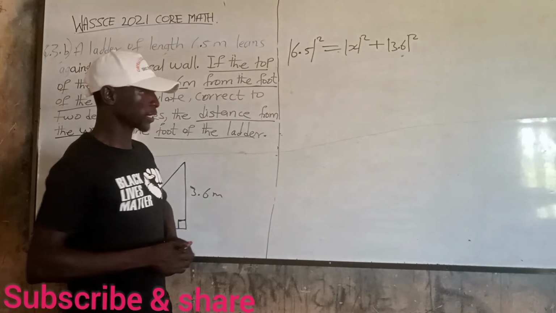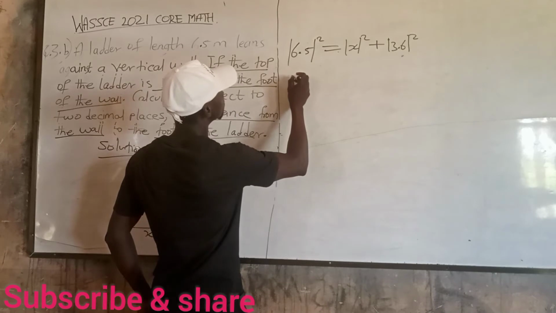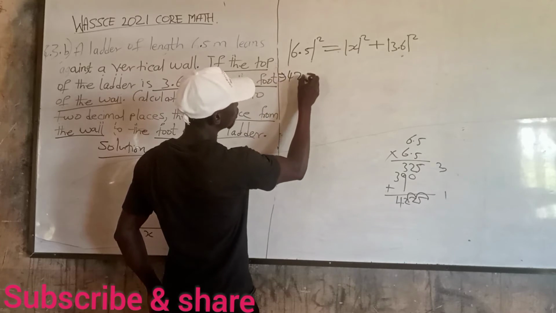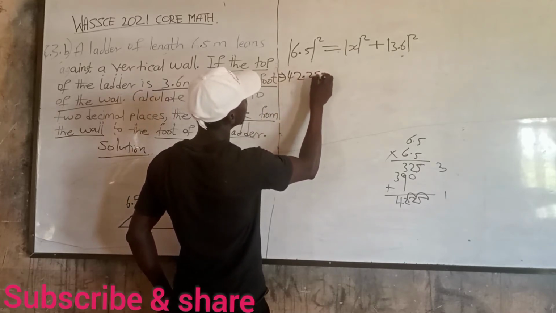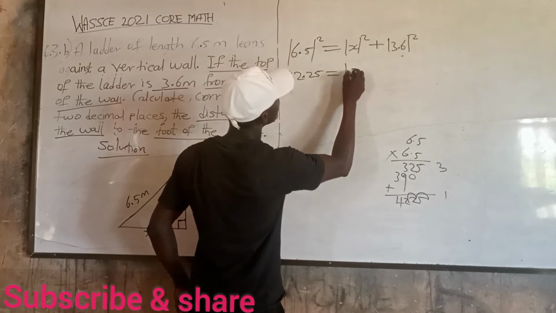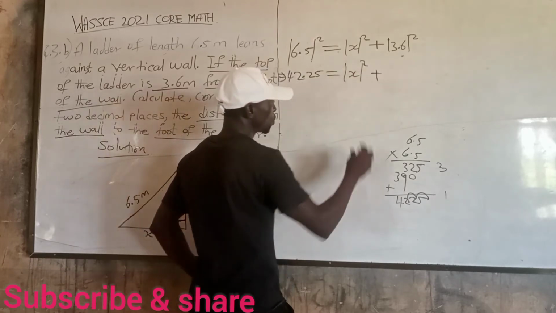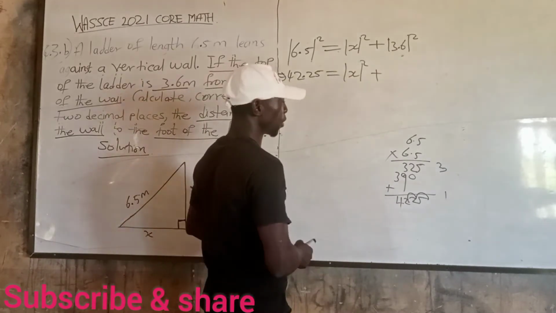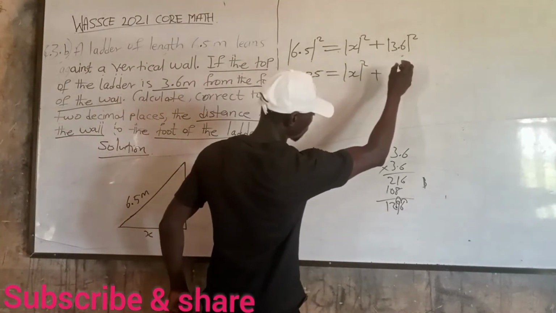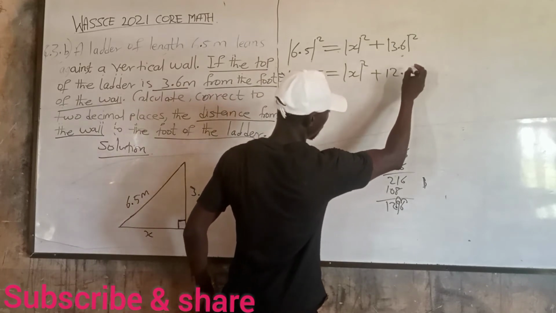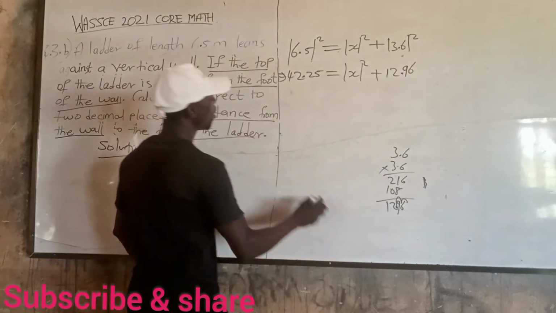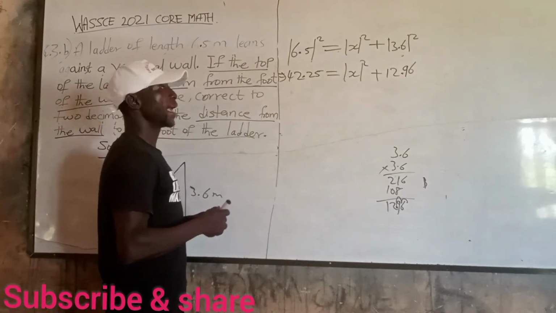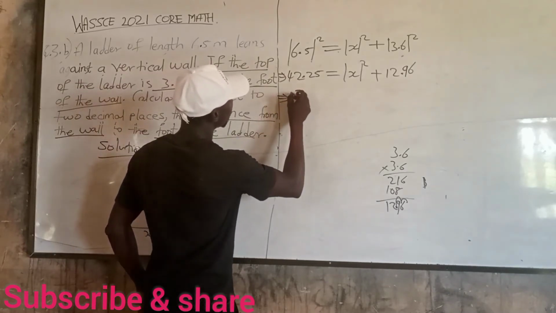So let's move forward. This implies that 42.25 equals x squared plus, we also find the square of 3.6, 12.96 here. Now we are going to group our like terms.